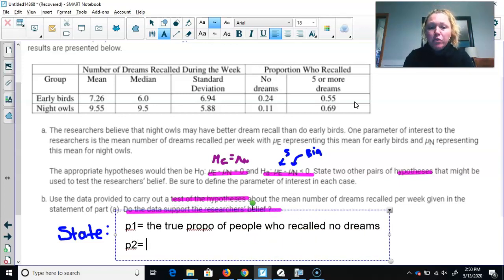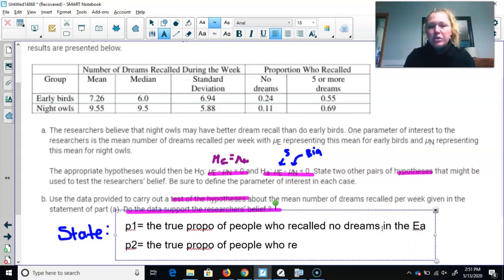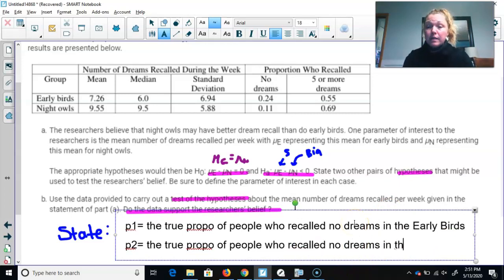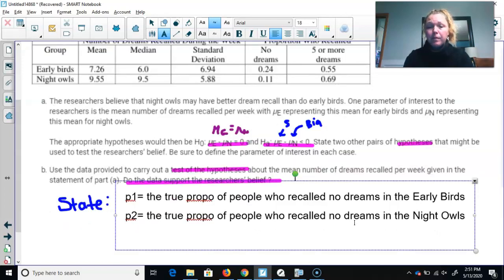And then P of 2 would be the true proportion of people who recalled no dreams in the night owls group. Okay, and then our H0, right, would be P of 1 is equal to P of 2.